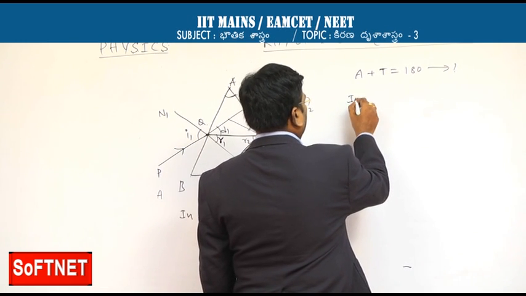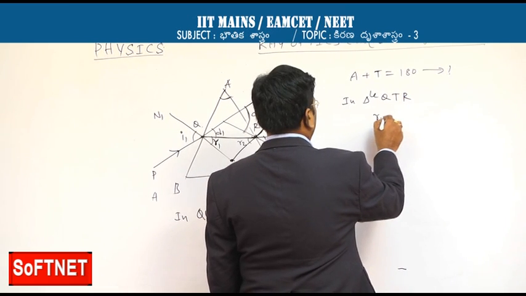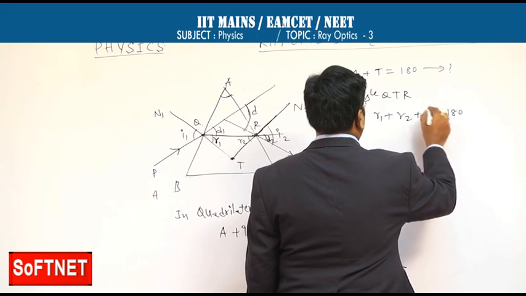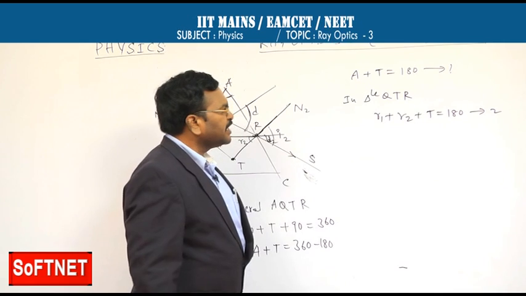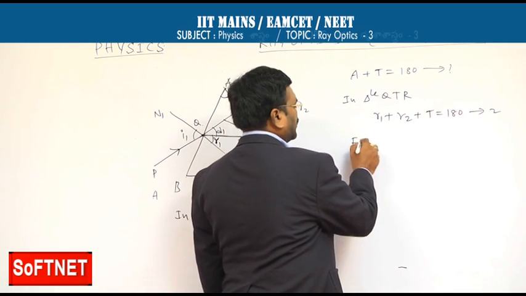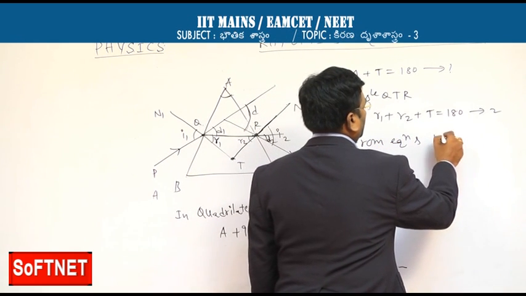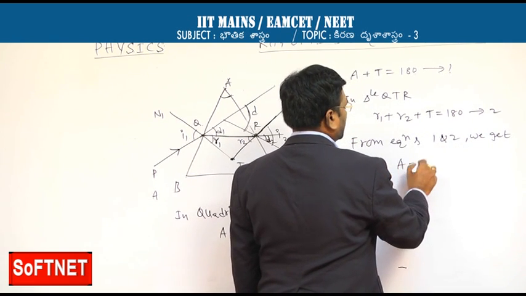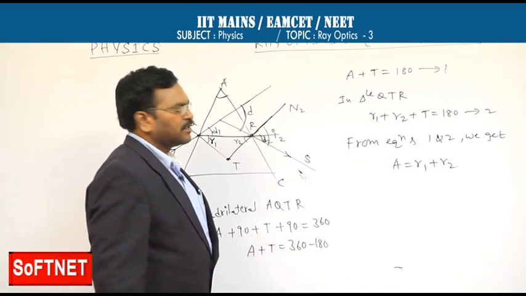So in triangle QTR, R1 plus R2 plus T is equal to 180 degrees. Now compare these two equations. What we are getting? A plus T is 180 degrees, R1 plus R2 plus T is equal to 180 degrees. So what we understand now from equations 1 and 2, we get here A is equal to how much? R1 plus R2. A is equal to R1 plus R2.